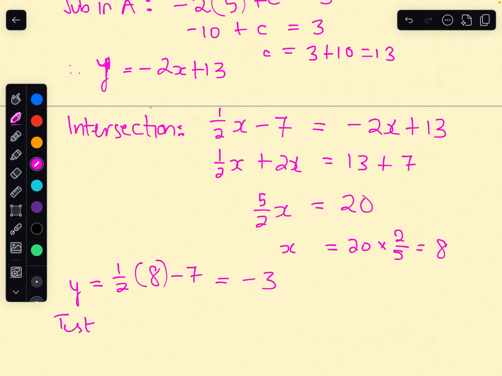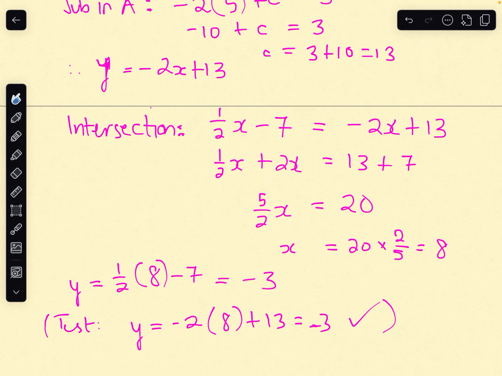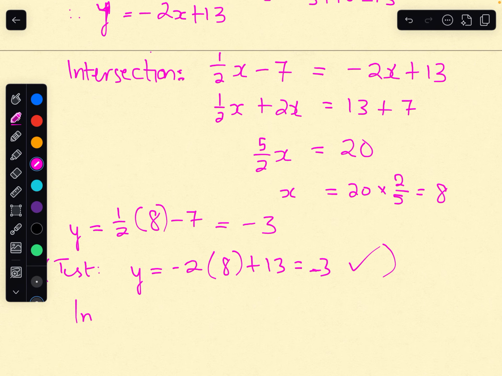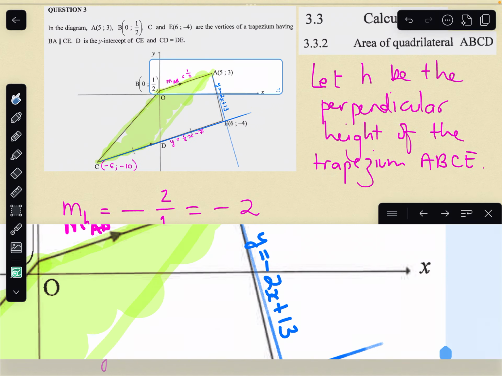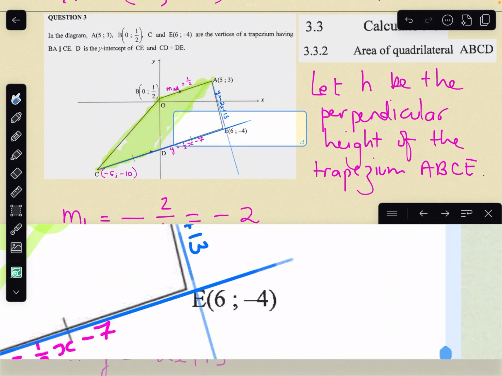And we can just do a sanity check to see if the same is true in the other equation. It should be. Minus 2 times 8 plus 13 is minus 16 plus 13, which is minus 3. So that looks good. So the point of intersection is at (8, minus 3). So that is this cute little point over here.